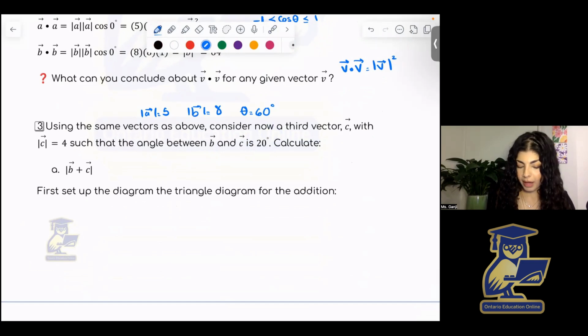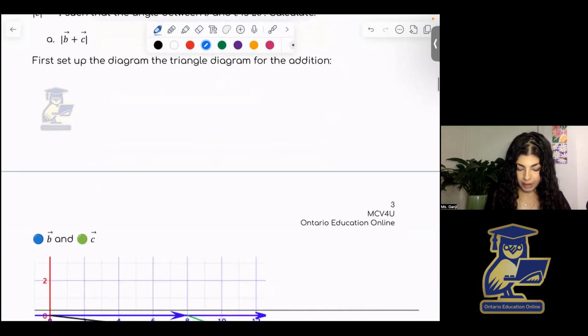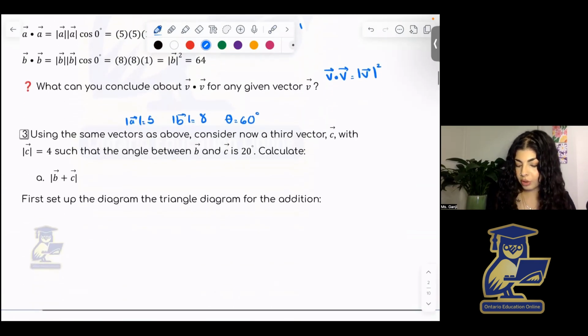So I'm going to show you first. Let's say this is B and this was A, and this angle was 60 degrees.